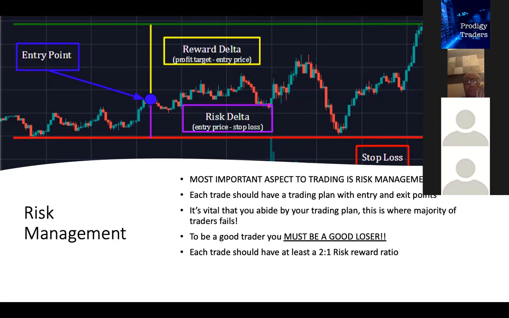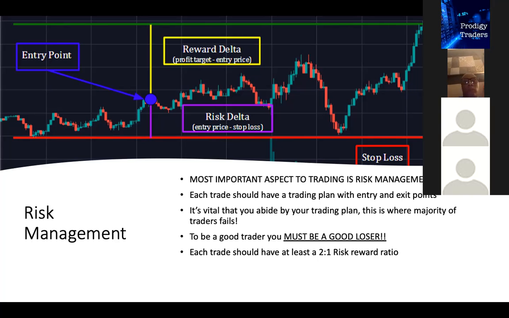And so, like I said, the support and resistance lines can help you with your risk management. So if you see this company moving within the support and resistance that's been set, I don't know which company this is, but it provides a great example. You always want to have at least a 2-to-1 ratio.